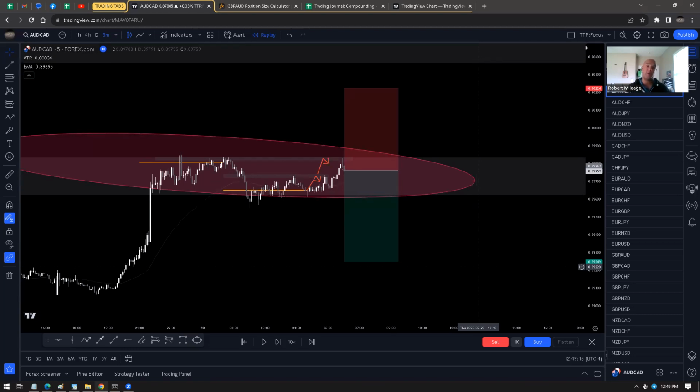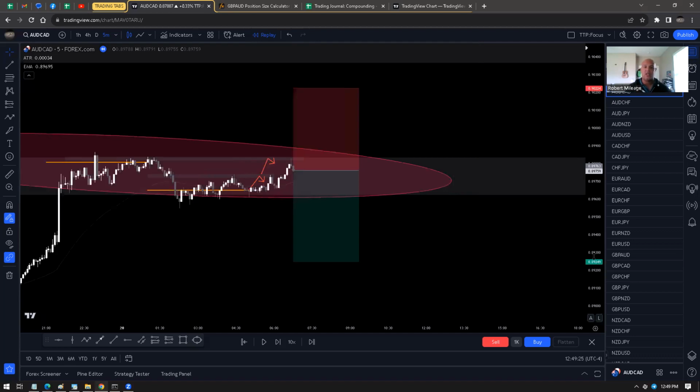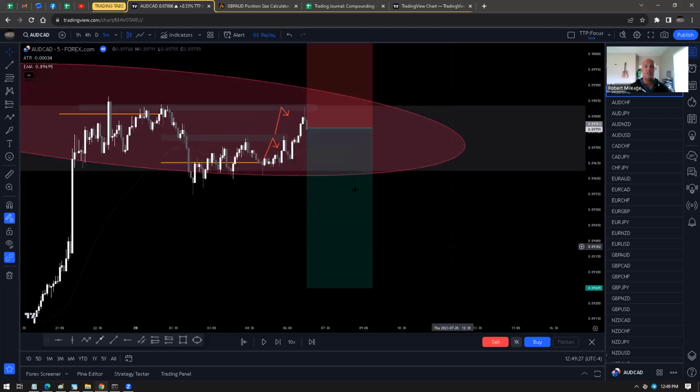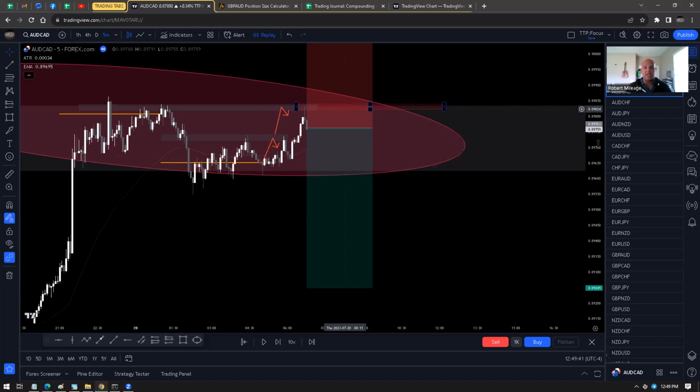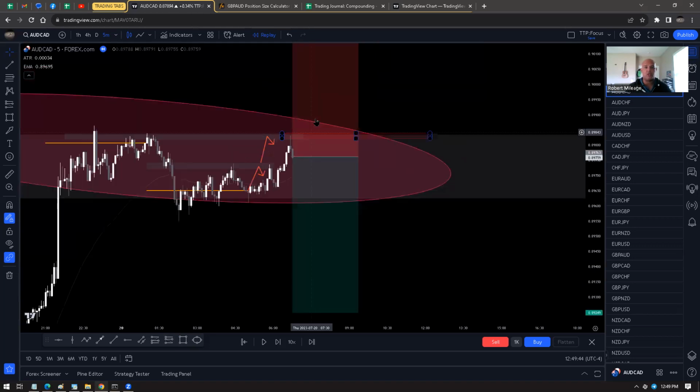One way that I've increased my profitability with a 50% win rate is cutting my losers early and letting the winners actually run out. So if I'm expecting this to be the wick of the next 4-hour candle, then price should not break that right there. So with that being said, I can get out of this trade early if all of a sudden price starts breaking this.